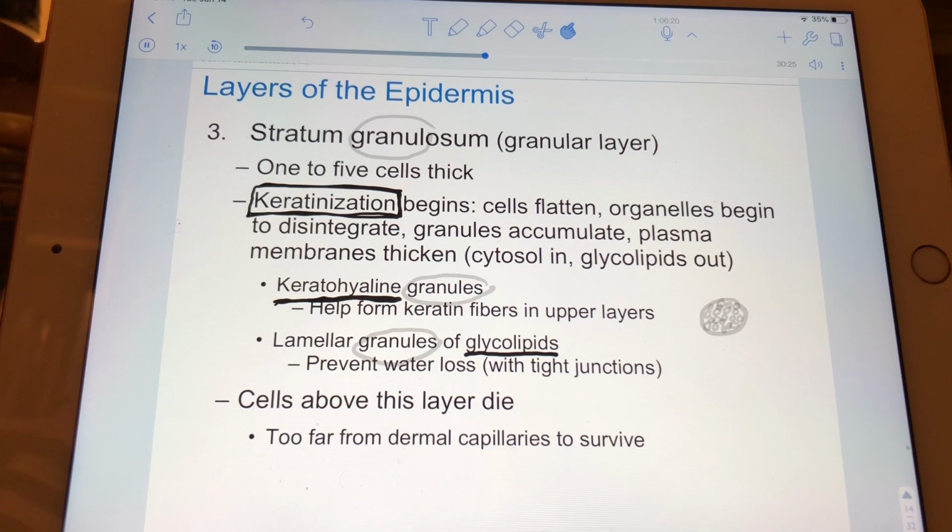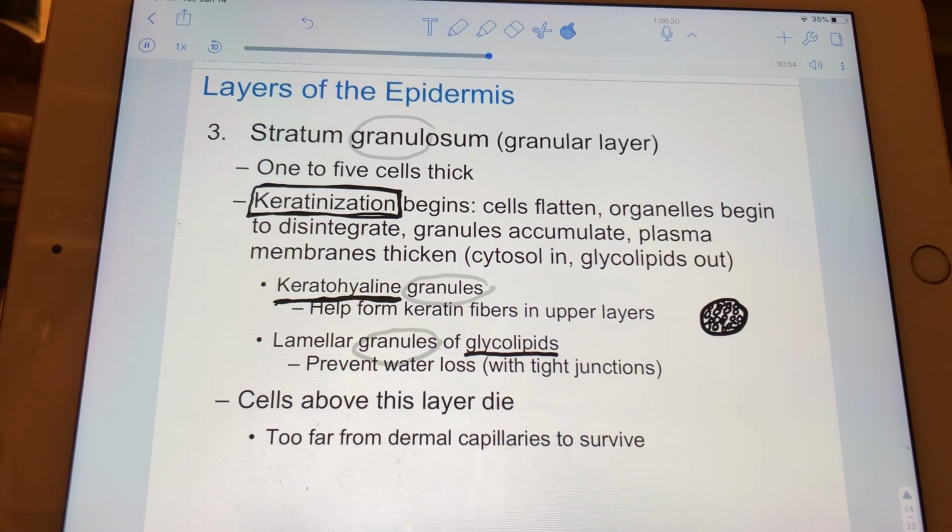But as the granulosum cells load up with these vesicles, they end up looking kind of polka dotted. They're so full of vesicles that they look like, I don't know, they've got chickenpox. Okay? And therefore, they kind of look like they're filling up with grains of sand.